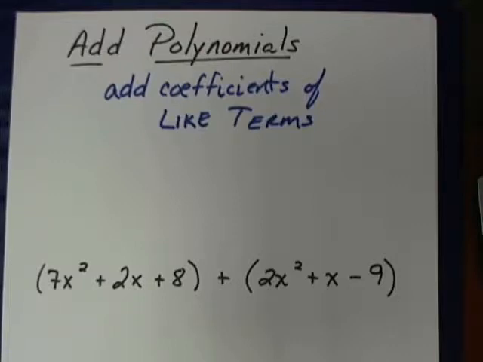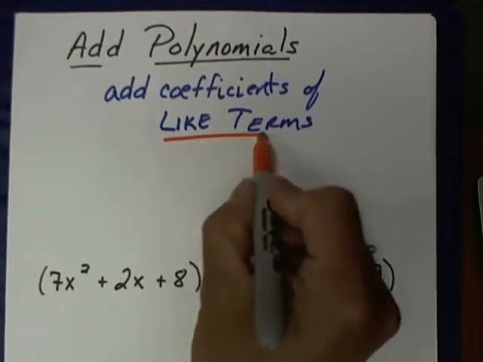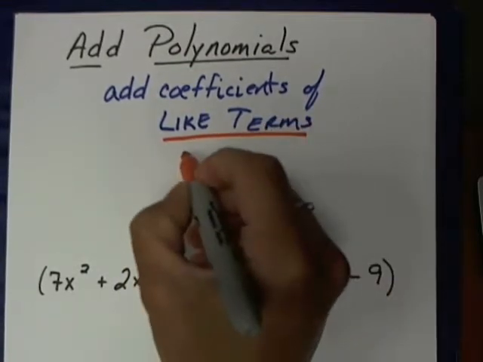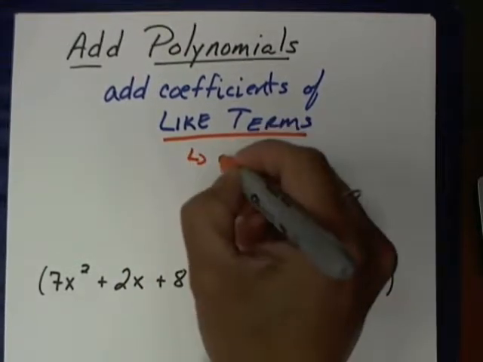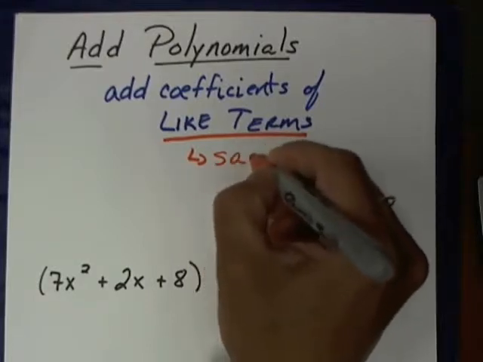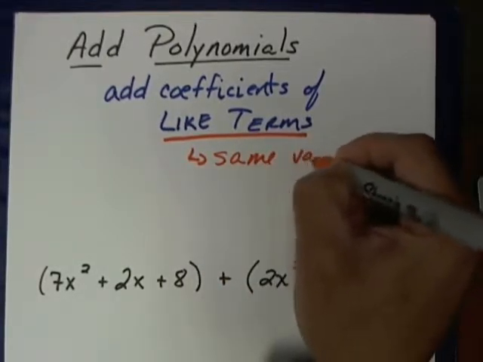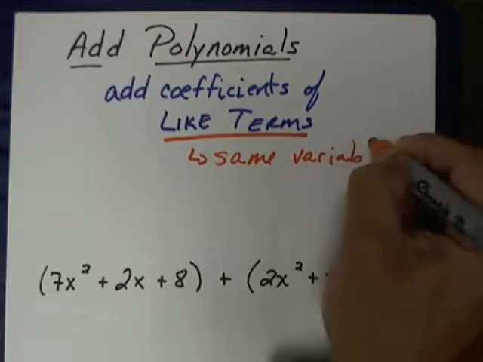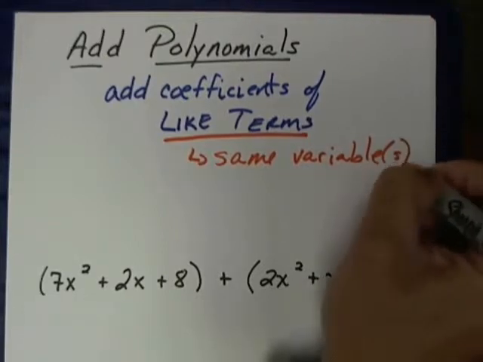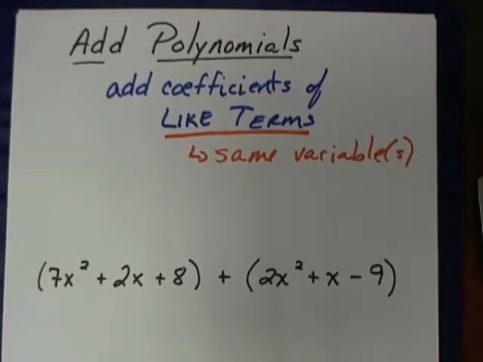There's two criteria for like terms. The first criteria for like terms is that they have to have the same variable, or variables if we have more than one. So I cannot combine a term that has an x with a term that has a y because they're not like. They're not the same.